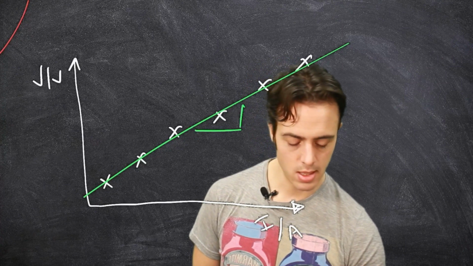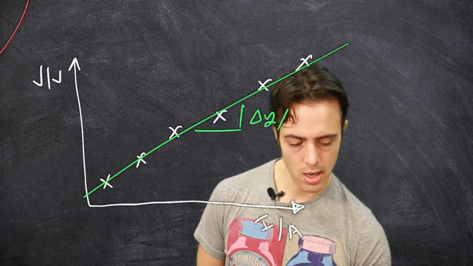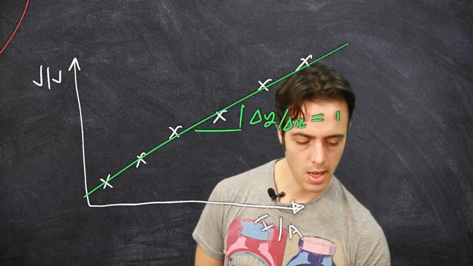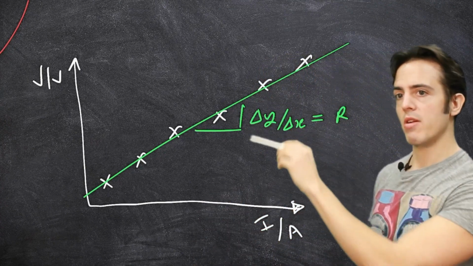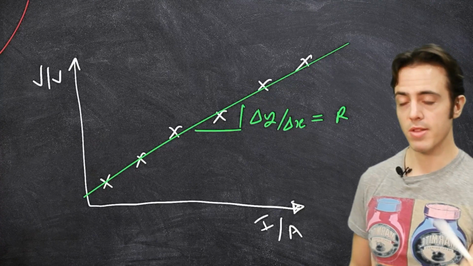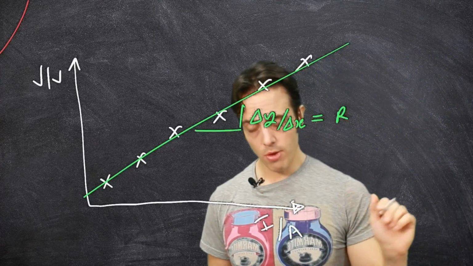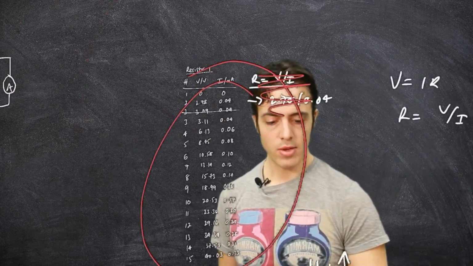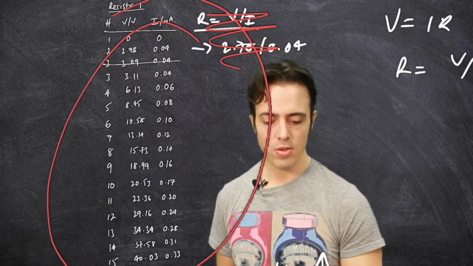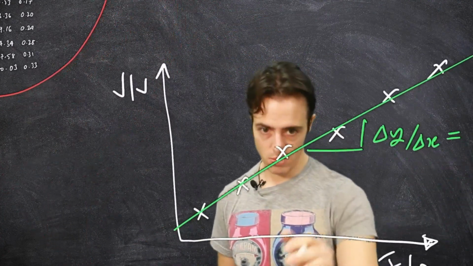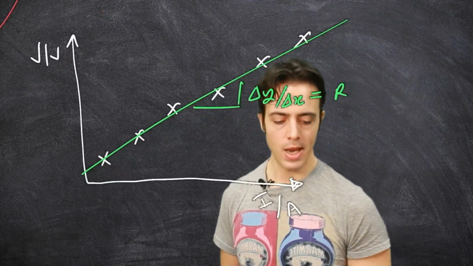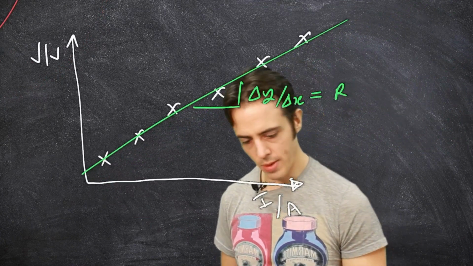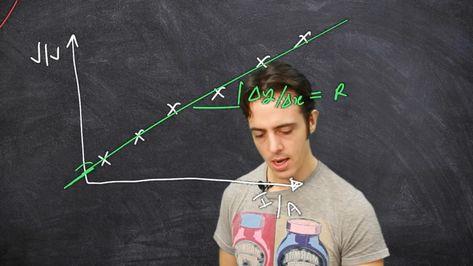Then dy on dx equals the resistance if we do it this way around. If you do it the other way around, you have to use the reciprocal of the resistance. The reason why we don't do it that way around is because of that small number at the beginning, which according to the camera here is about 0.01 of a milliamp, and a small bit of voltage, you'll get an offset here.